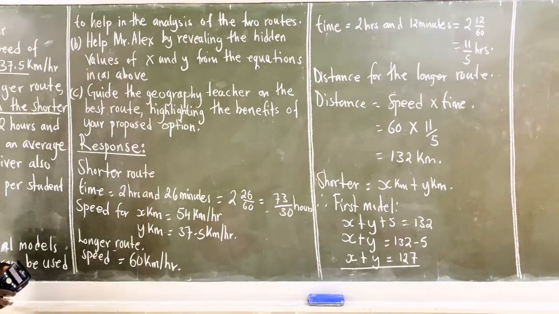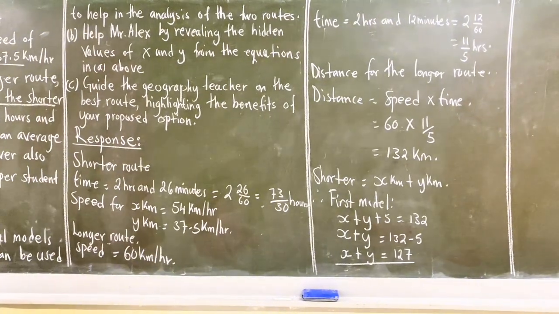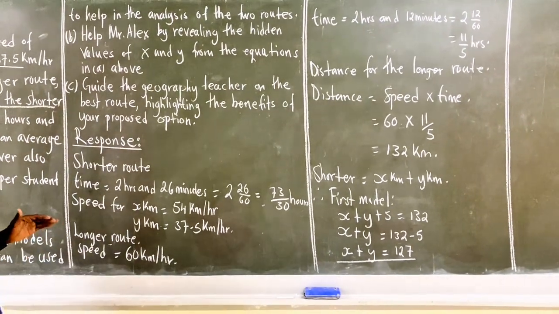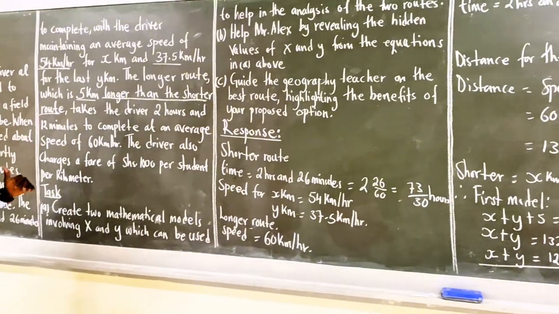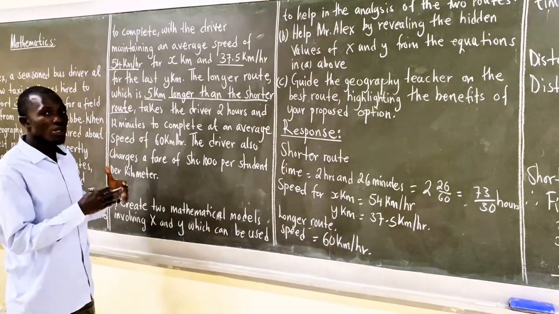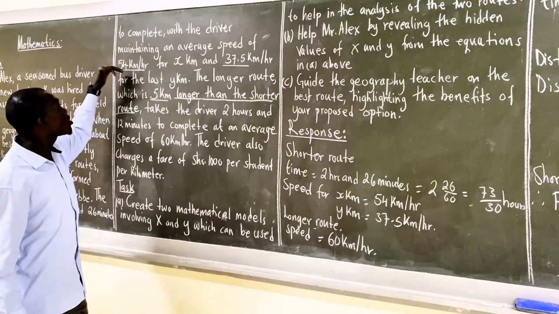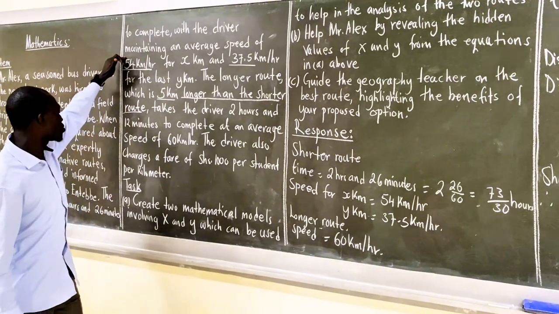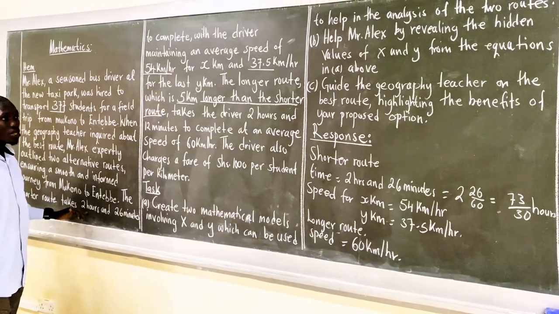So this will be our first model. Now, where are we going to get our second model from? Our second model, or the second equation, will now be in terms of the total hours taken to travel the shorter route.